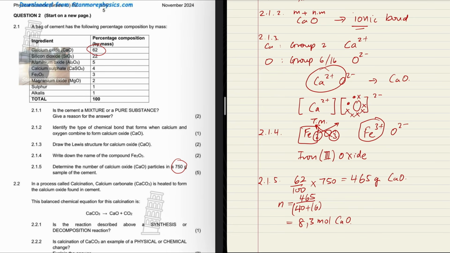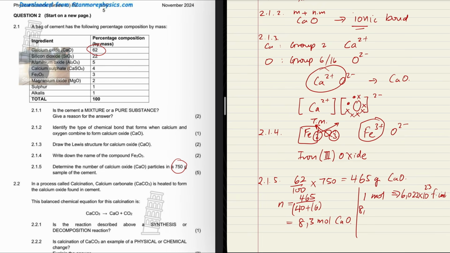Now, we can then calculate the number of, I want to say, formula units, right? Because we don't say molecules or atoms here because this is ionic, we say formula units. So 1 mole is 6,022 times 10 to the 23 formula units, right?